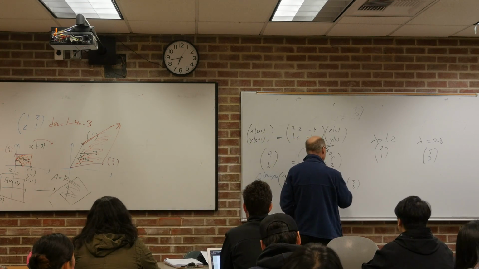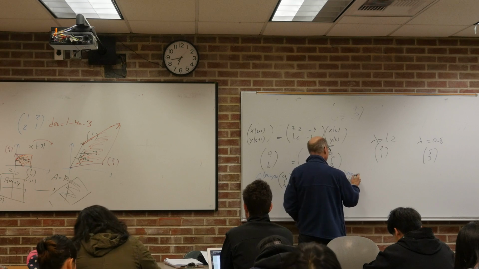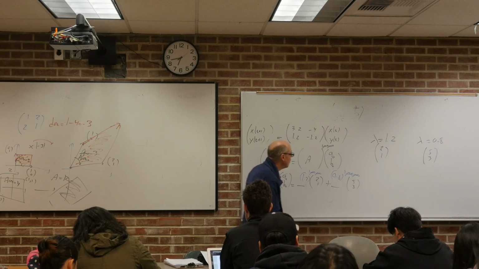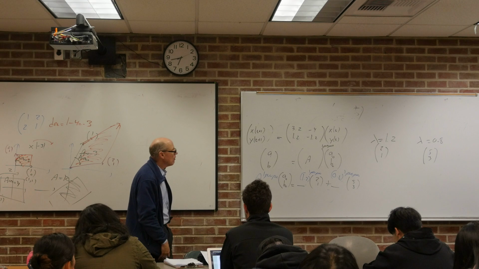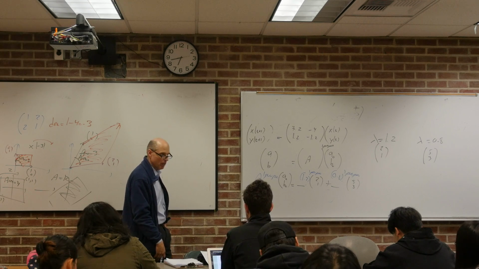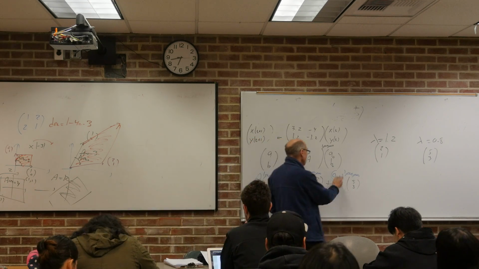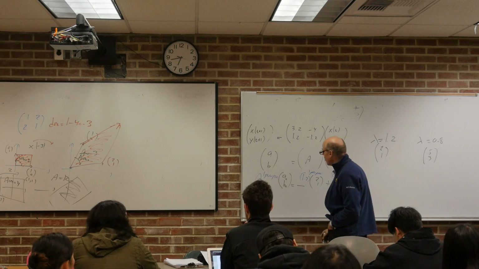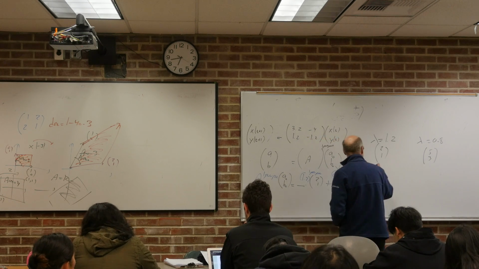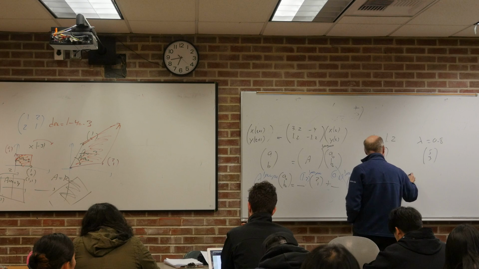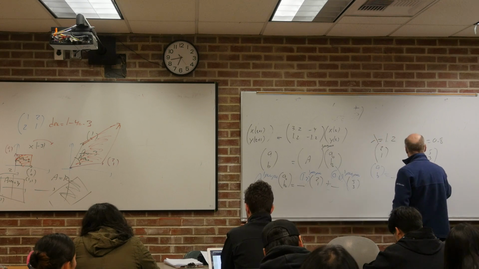And this one will be 0.8 to the 1 million. And what's 0.8 to the 1 million? It's 0. So essentially, this says that the ending population is going to be some multiple of (2, 1).